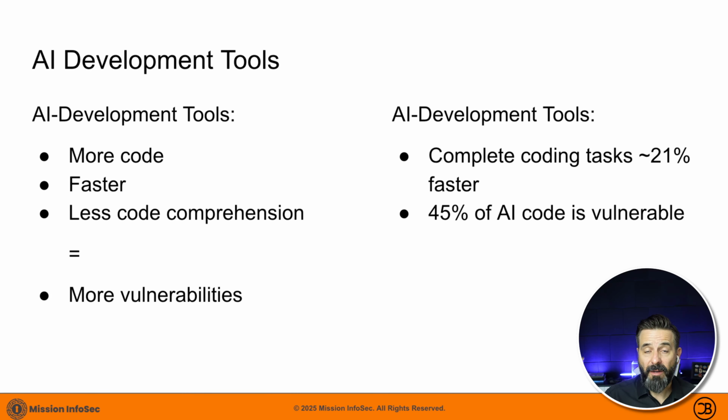So code being churned out 20% more efficiently or faster. But then the other study was that 45% of AI code had some sort of vulnerabilities. Now, it didn't differentiate whether those were critical vulnerabilities or low risk, just that the code is vulnerable. So if you're churning out code with 21% greater speed and 45% of that code is vulnerable, obviously we're setting ourselves up for a problem.